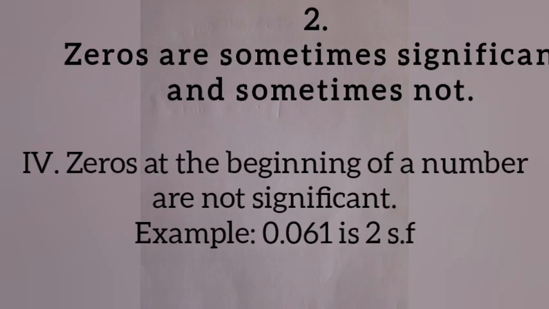Example, if you have a number like 0.061, this number has just two non-zero digits and the zeros are at the beginning of this number, hence all the zeros are non-significant, but only the non-zero digits are significant, hence this number is two significant figures.